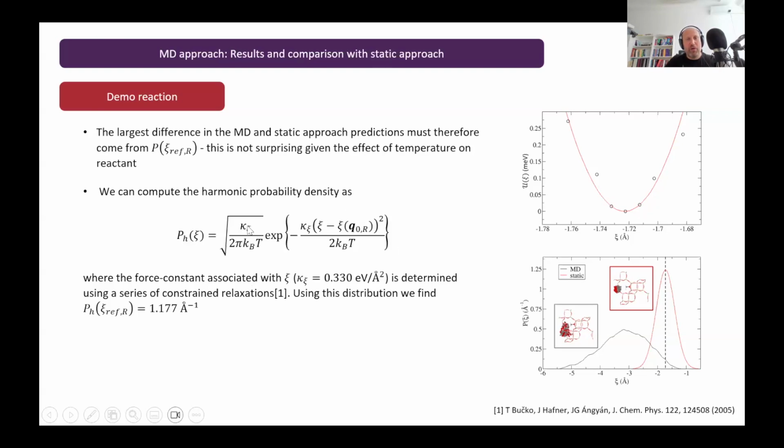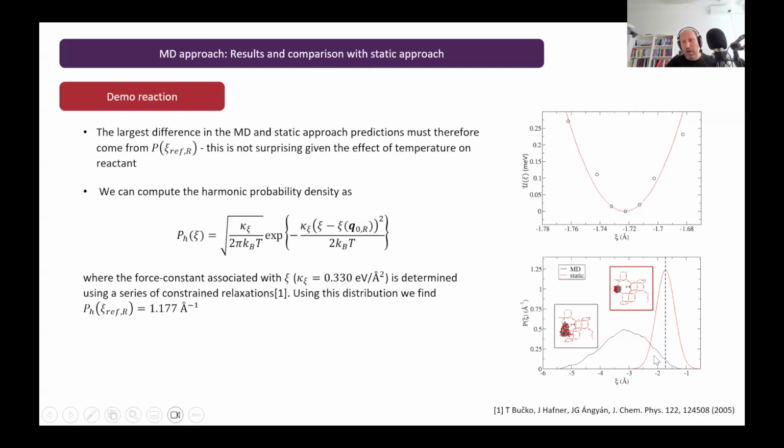To evaluate this, we need the force constant, kappa, associated with the reaction coordinate. We can determine it by running constrained relaxations for several states close to the minimum. Then I fit my energy versus psi dependence, and from the harmonic fit, I obtain kappa as a fitting parameter.